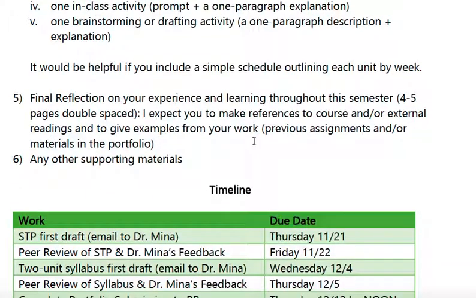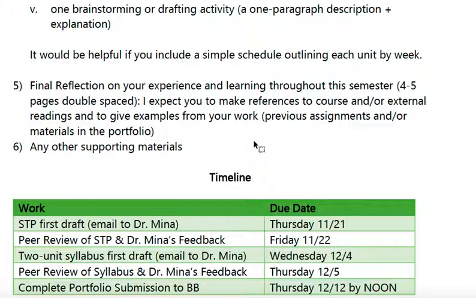Okay. Final reflection on your experience and learning throughout the semester. Again, this is one of the key components of your portfolio. I'd like to see you bringing everything together in this piece.